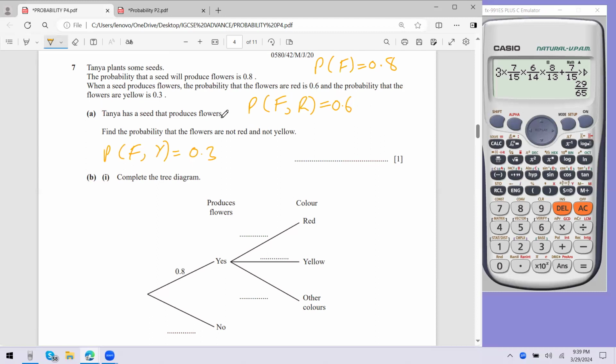Anya has a seed that produces a flower. Find the probability that the flower is not red or yellow. So that is 1 minus 0.6 plus 0.3. All right. So that is 0.1. Got it?